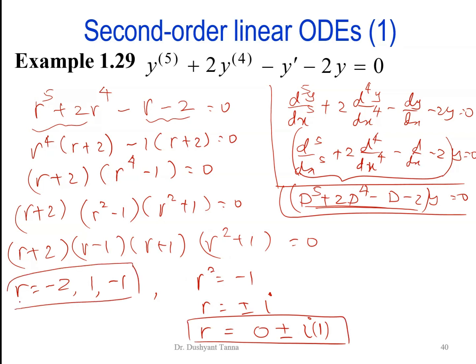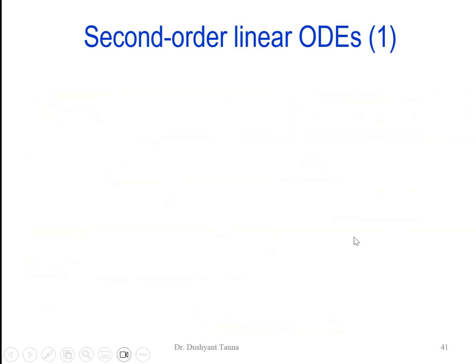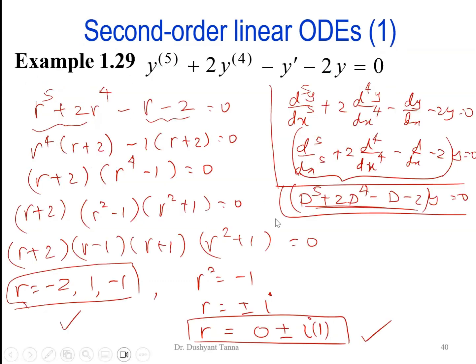So I got 5 roots. So I will talk about C1 to C5. Over here is case 1. This is case 3. Right. How do we write it? So the solution, if you talk about y1, will be e raised to r1x. So that's e raised to x. y2 is e raised to r2x. What was this other one?